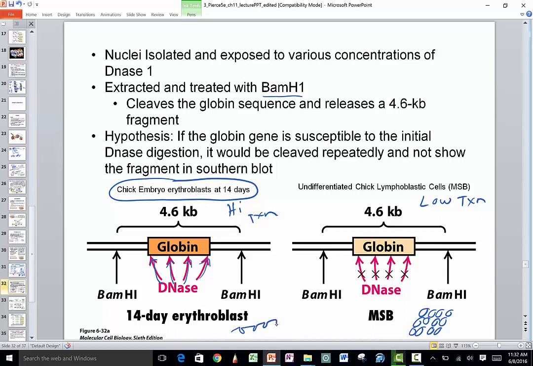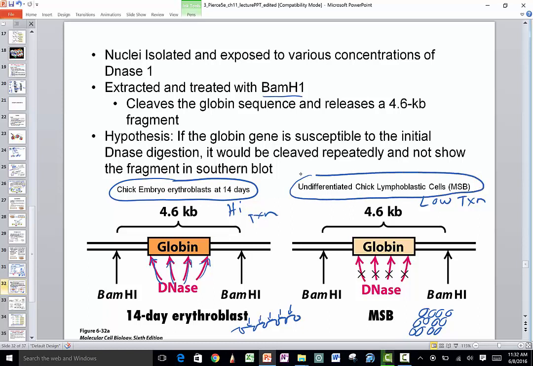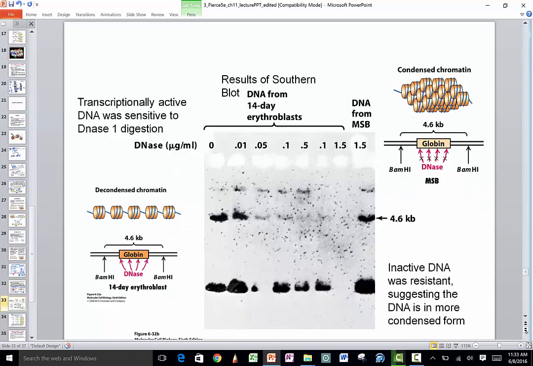These guys are transcribed, so they're loose in this structure, and the DNase can get in there and chop up the DNA. The trick is that these are in different cells, same gene, different cells. So changes in gene expression mean cells that have the same DNA express that DNA differently.